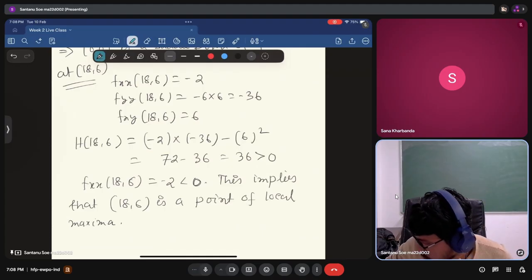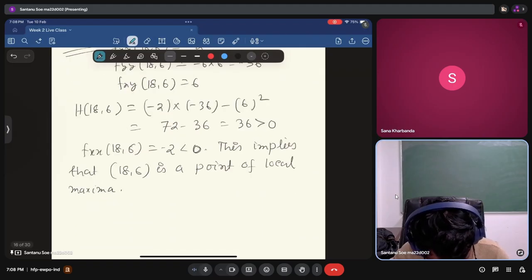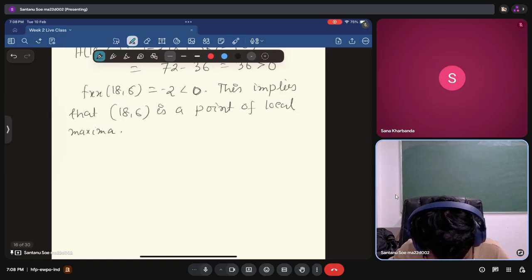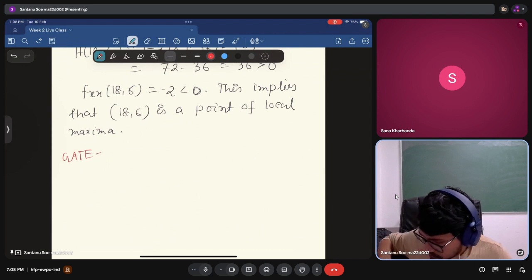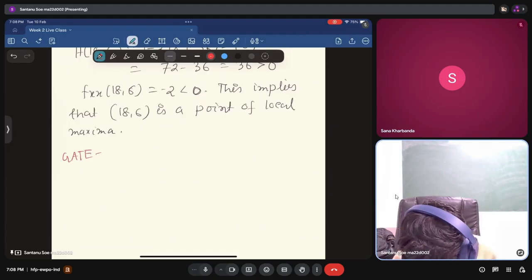So I hope this is clear. Okay. So now I'm gonna do a question which was asked in GATE. I'm not sure about the year, but I think it was GATE 2020 probably.